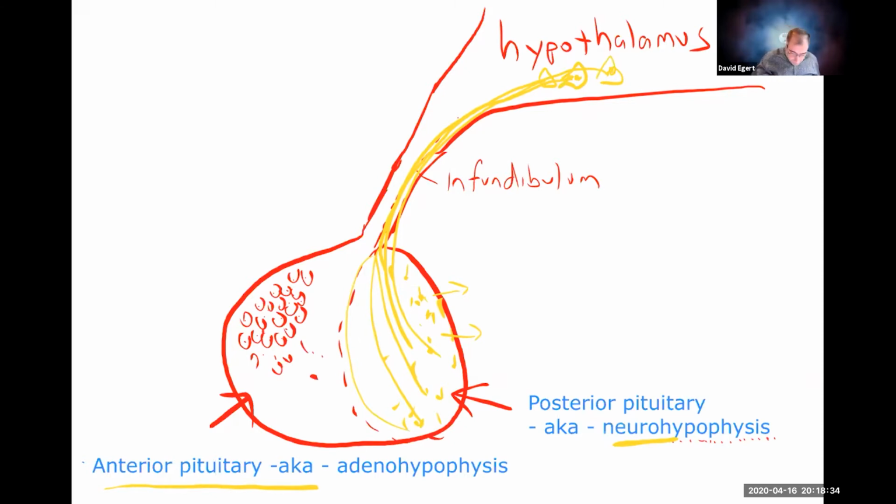And this is controlled by tropic hormones from the hypothalamus. So the hypothalamus is going to release these hormones. They're called releasing hormones.